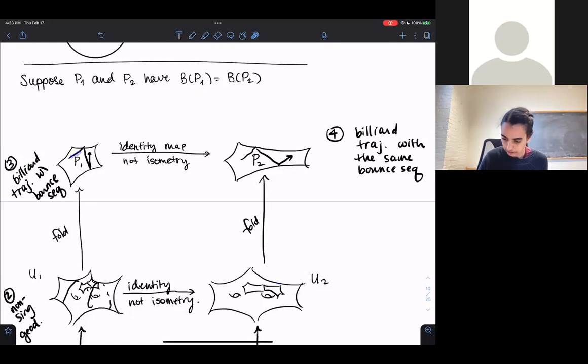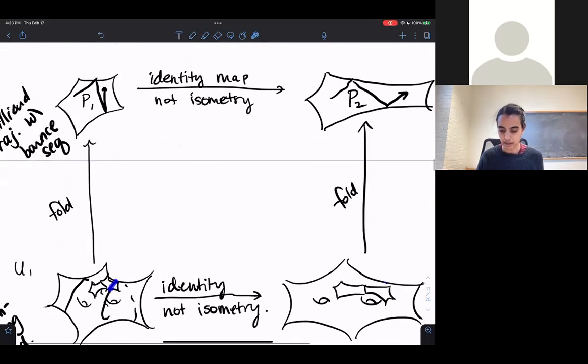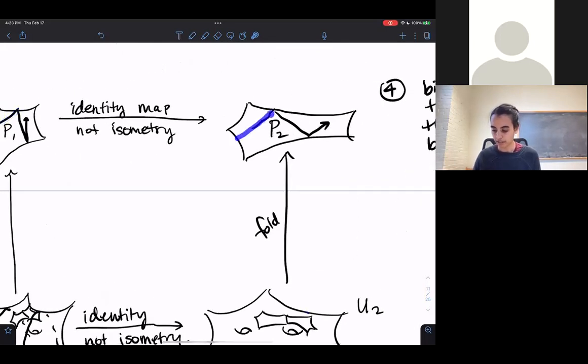Okay, so let's say as it runs through this tile, suppose it went from side C to side A, just for example, okay? So I find the corresponding part of the billiard trajectory here that goes side C to side A, and there will be a corresponding part here going side C to side A here.